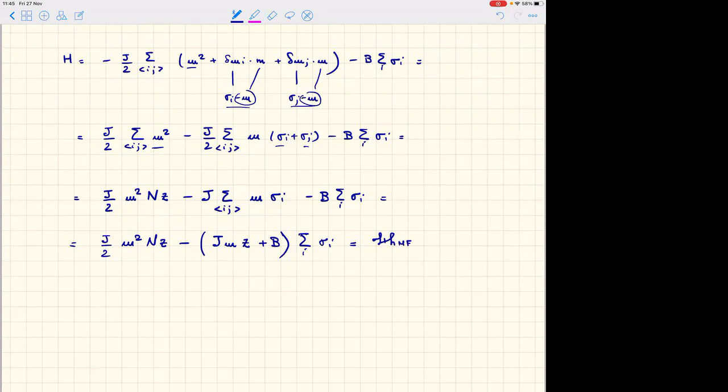And now, how do I solve the mean field theory? Well, in order to solve it, I have to know what is the value of this parameter M. But this parameter M, by definition, is the average magnetization. So it's 1 over N sum over I sigma I. And this can be computed by just computing the average magnetization with the mean field Hamiltonian.